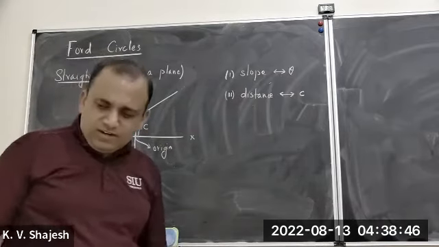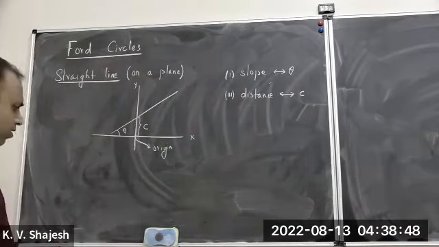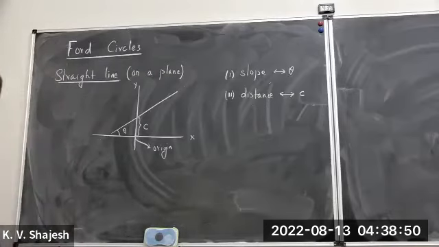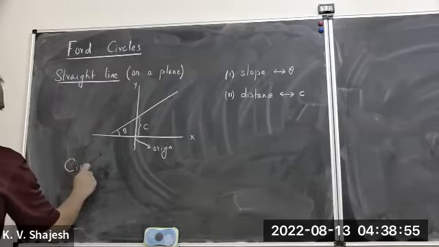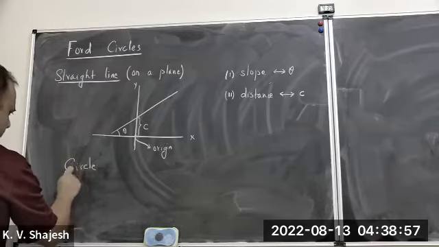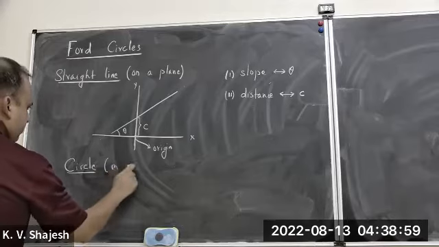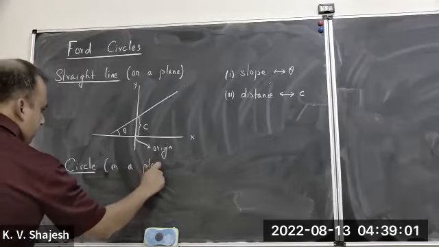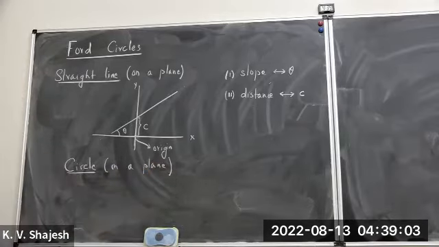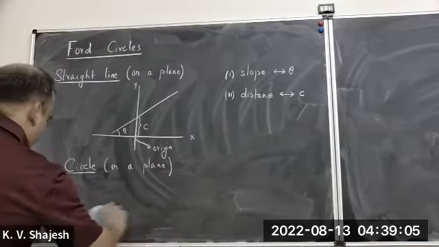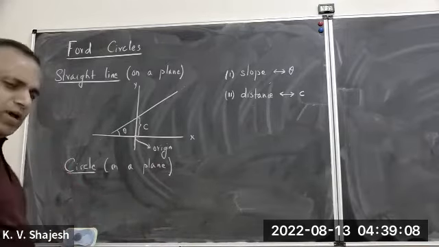Now let's come to circles. So this was just a sort of warm-up of what kind of a discussion we are having. And we want to now talk about circles, or just a circle on a plane again. And a circle again, how do you characterize a circle?